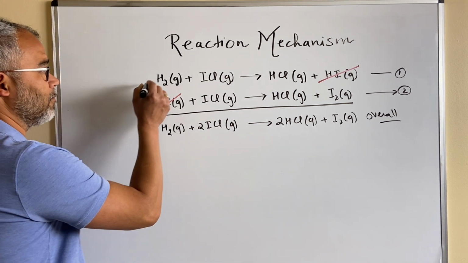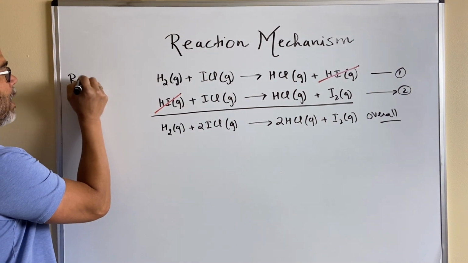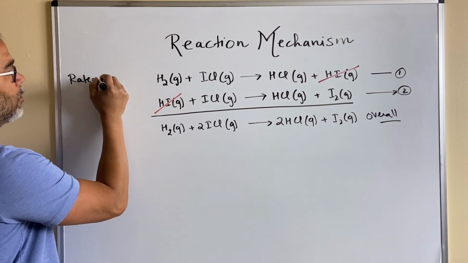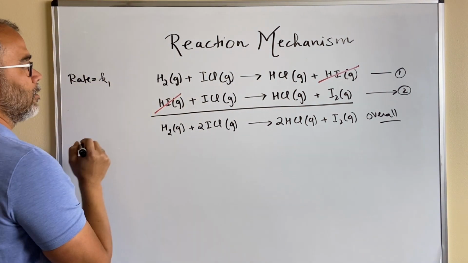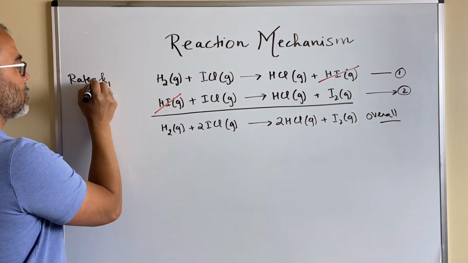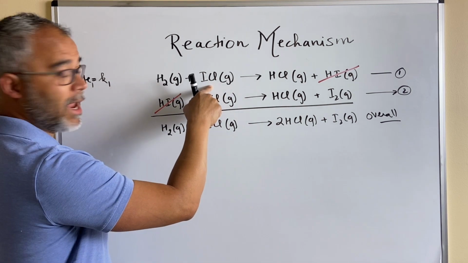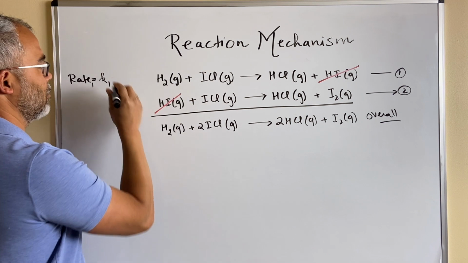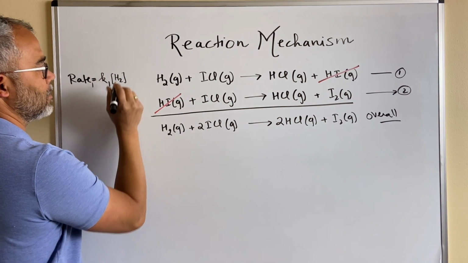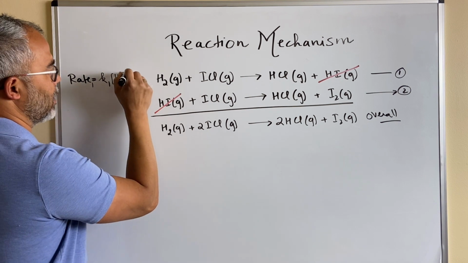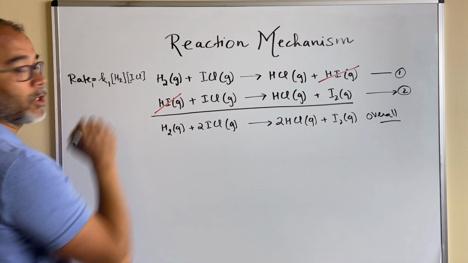So the rate law for elementary step 1 can be written as rate 1 is equal to the rate constant, let's call that K1, times the reactants raised to their coefficients. So you do H2 in square brackets, that's 1, so we don't write anything out there, and then you do ICl, again that's 1, so we don't write anything.